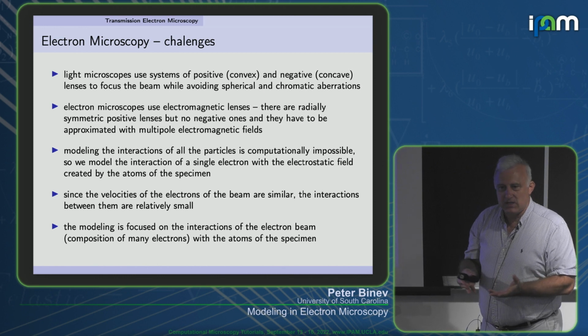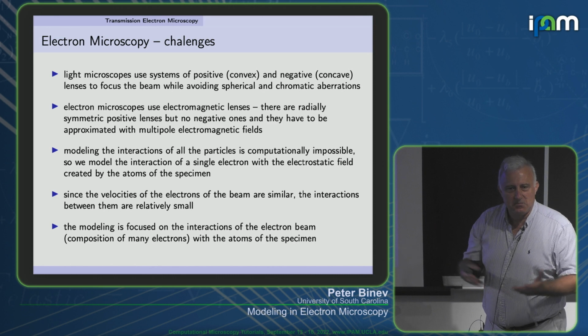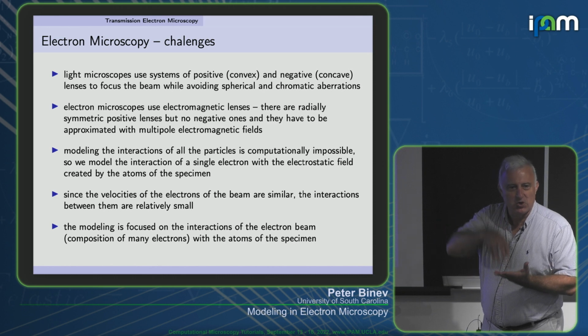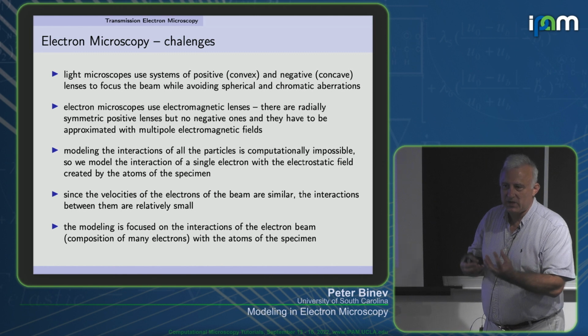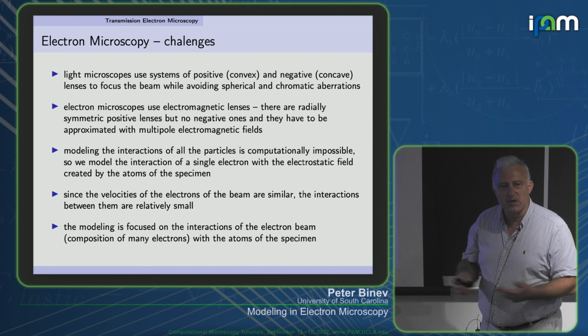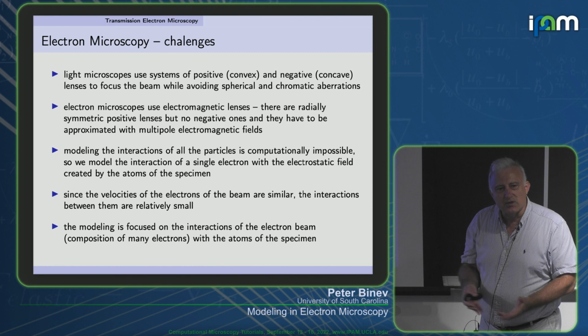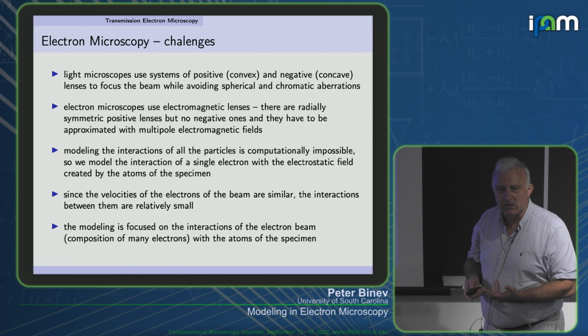Considering all the particles, that means all the billion electrons going through the material and all the particles in the atoms, would be a very good project, but it is of course impossible because it becomes too complicated.